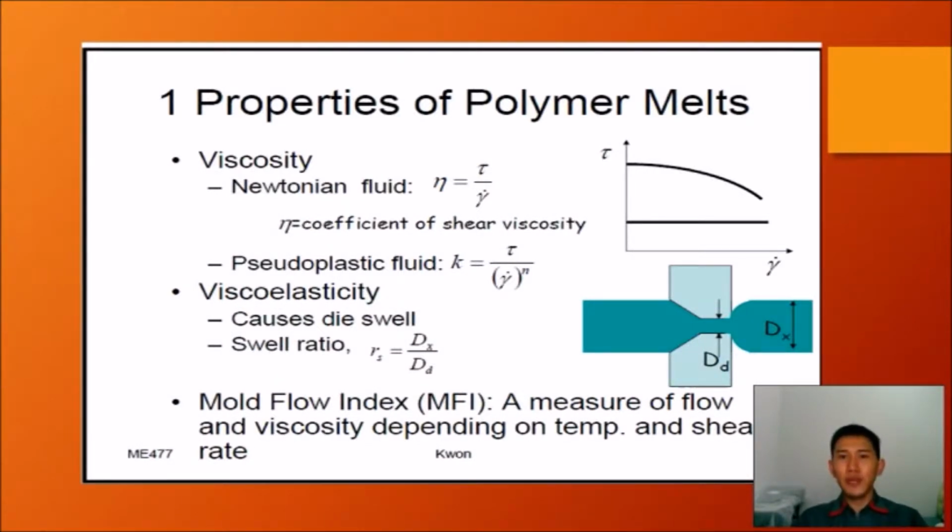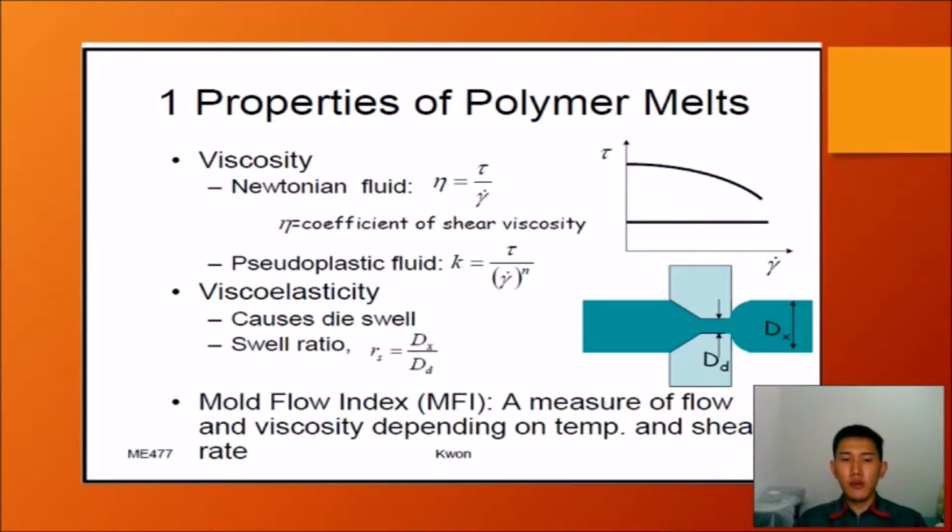There are two main properties of polymer melts: viscosity and viscoelasticity. Viscosity is the ability of the fluid to flow. The higher the viscosity, the slower the fluid can flow.